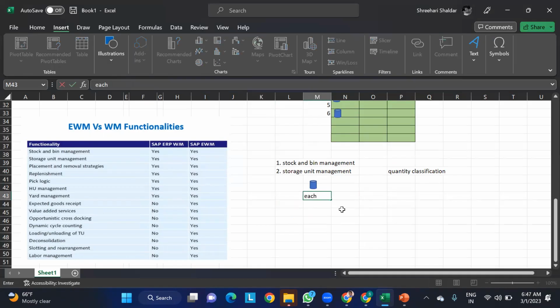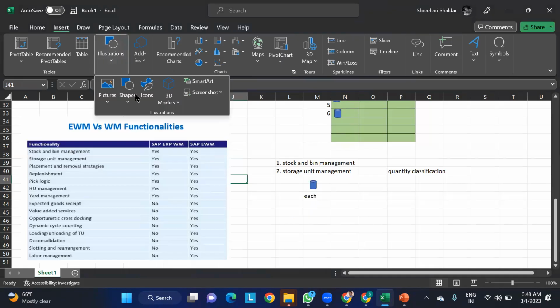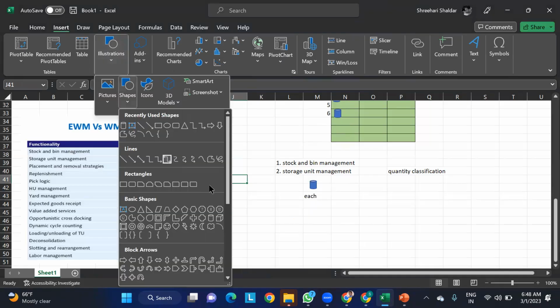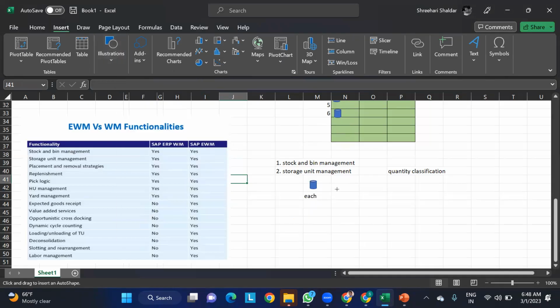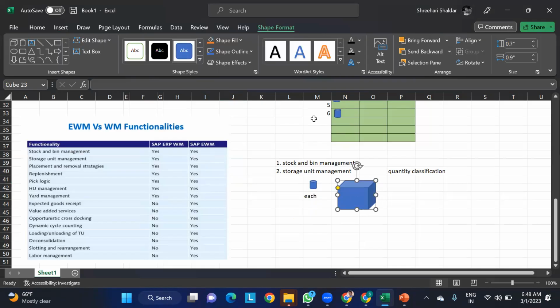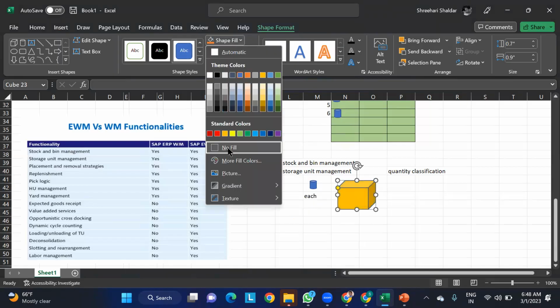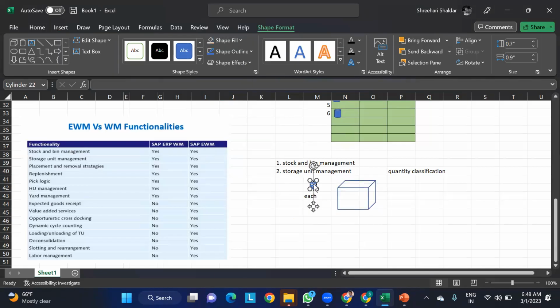We can measure it in each or pieces. Something like that. If I am putting this material into one carton box, you may be knowing about the carton box, some box is there here. Within this box, I am keeping 4 products.